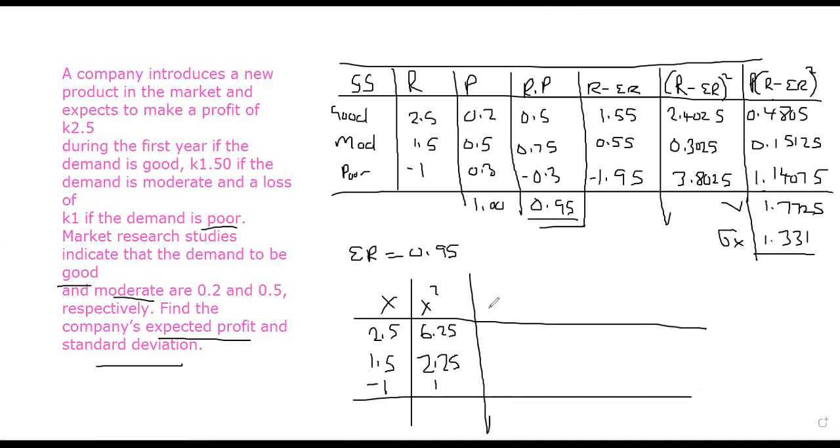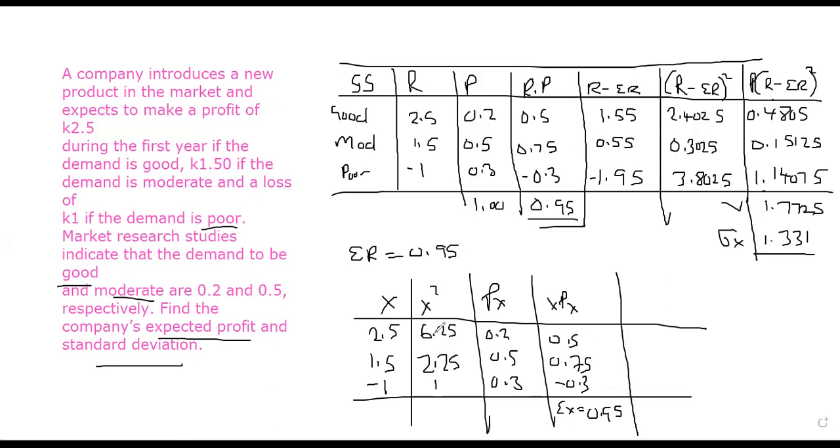We have the probabilities: 0.2, 0.5, and 0.3. We find the mean, just multiply x times the probability. So xpx here we get 0.5, we get 0.75, we get negative 0.3. So 0.95 is our mean.